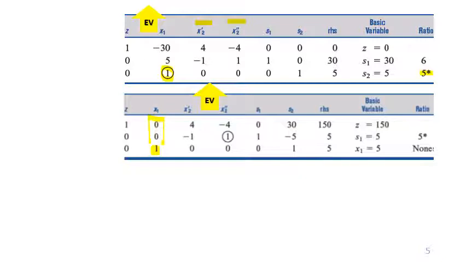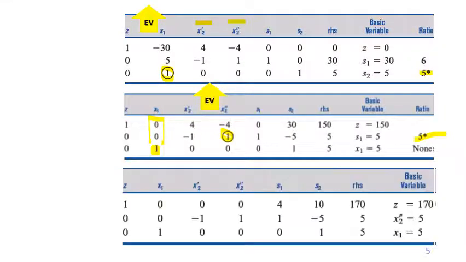We perform the ratio test, pick the smallest one, and then this position becomes the pivot, such that in the next table that pivot position should have the value 1, and all other values in that column must be 0. For the maximization case, this table or this BFS is already optimal.